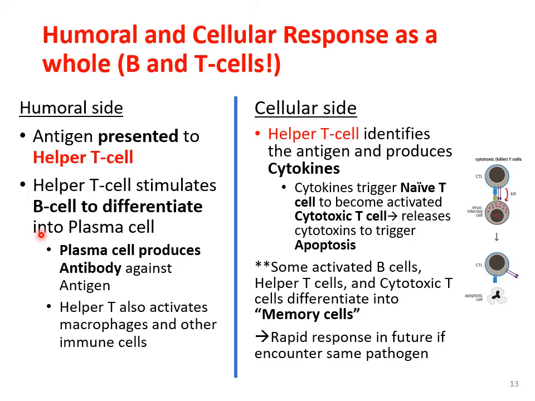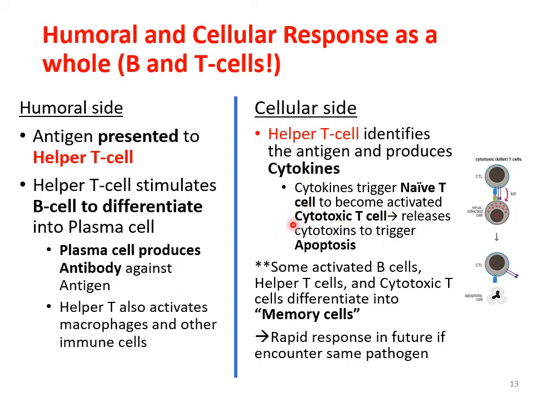Now, at the same time, you have the cellular response going on, and that's basically when the helper T cells are promoting the production of cytokines. And cytokines are important little molecules or chemicals within your body because they trigger what's called the differentiation of cytotoxic T cells.